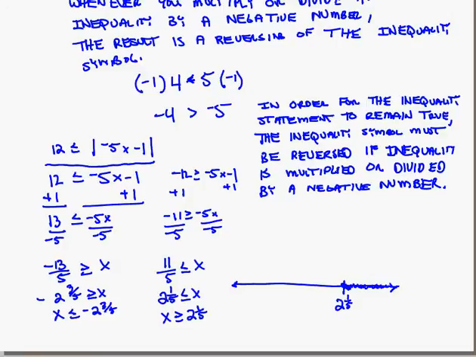Again, the equals means that we darken the point there at the value, and it's going to be all the values less than negative 2 3/5. So there is the graph of the solution. Here is the solution statement right here, and there is the graph right there. All right.